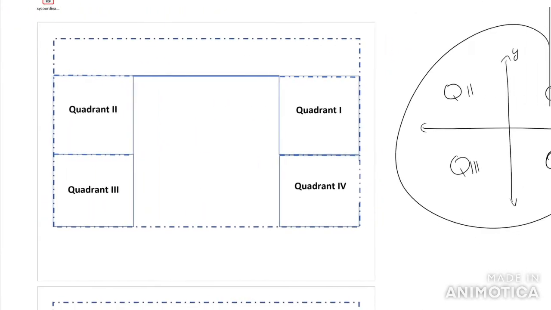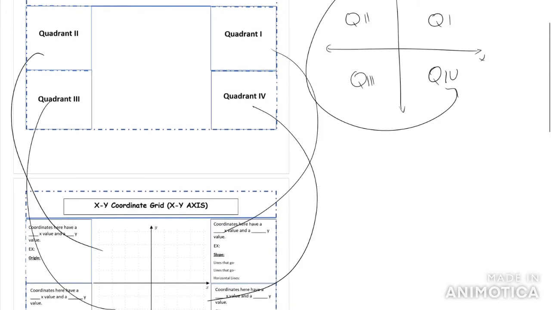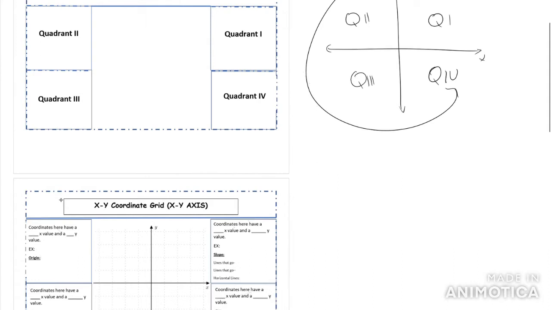So how I currently have it set up here on the screen, notice how quadrant 1 and quadrant 4, quadrant 2, quadrant 3 all line up. It should look like that, but however you print it, it might be different. So just make sure, the most common thing I've seen with myself is that these 2 end up flipped with these 2.